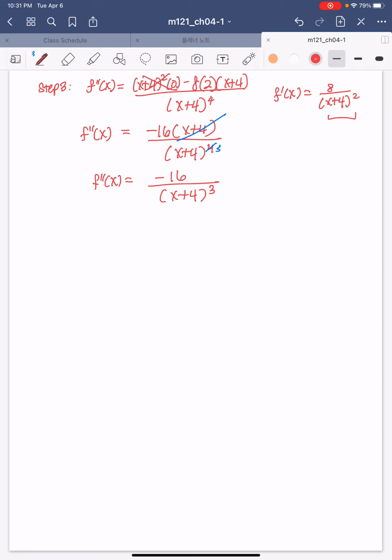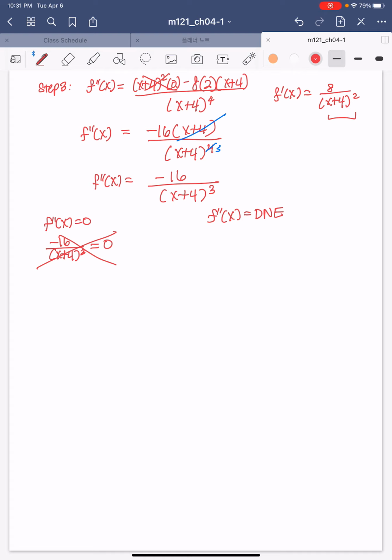So same thing, let's find the critical values, the inflection points. So that will be f double prime equal to 0 or f double prime does not exist. I'm never going to have a numerator equal to 0 because I have 16 as a constant term. So I'm not having any x value coming from 0.